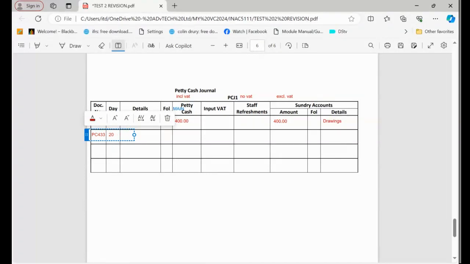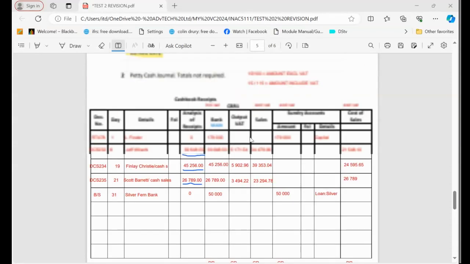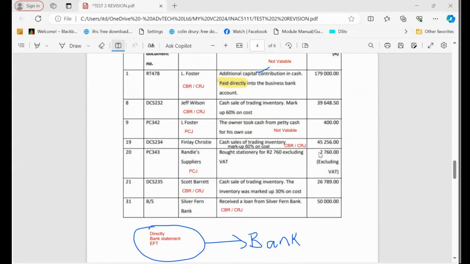And then if I check there, the name of payee was Randy Suppliers. Can you see? But we need to be careful here. The amount is, let's go back and check, 2760. Yes, this amount is 2760.